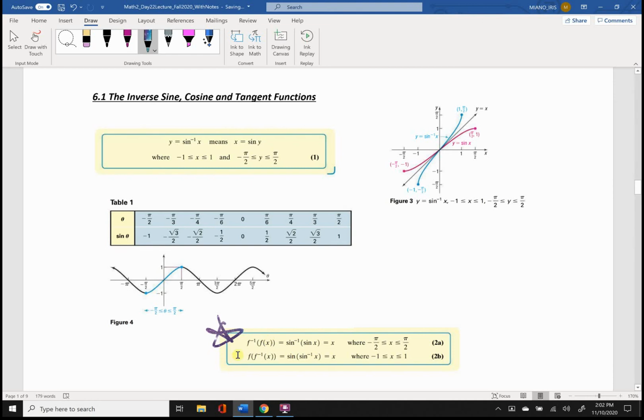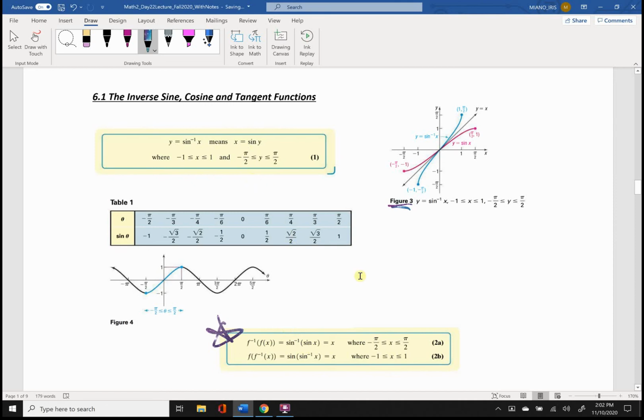Cool. So if it doesn't make sense too much like why we would do that, I would refer back to figure 3 right here, where we have to limit the sine inverse so that we do not violate the definition of a function, okay? Because anything beyond these values right here for x, whether you're dealing with inputs or outputs, right?